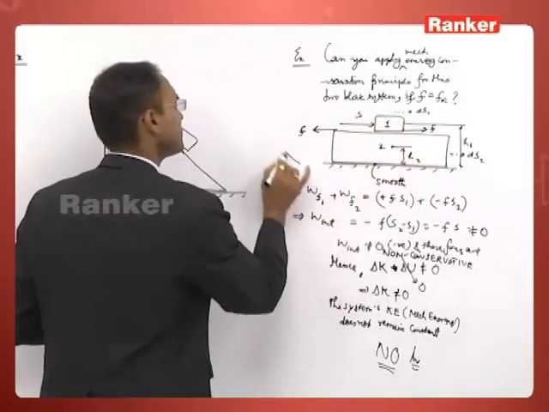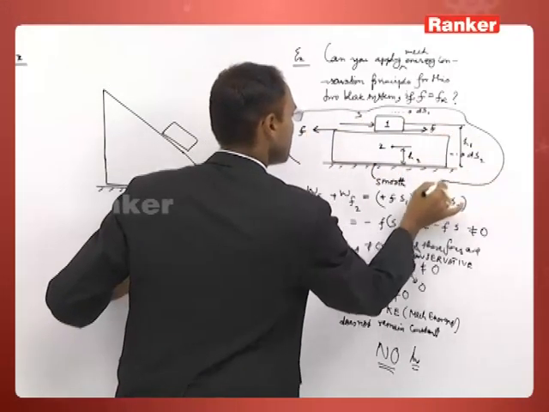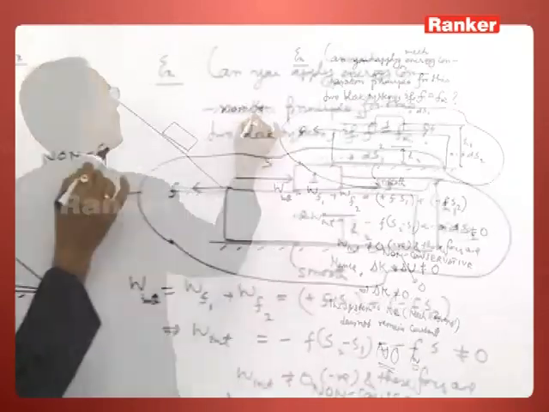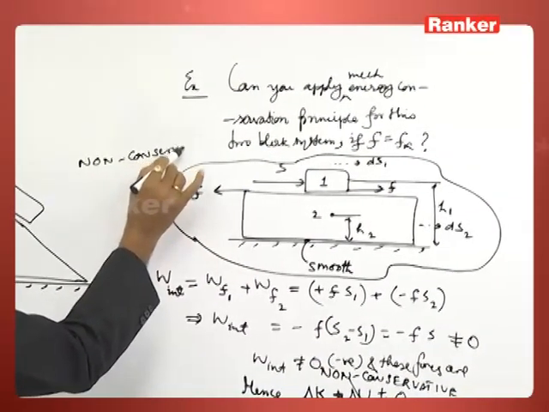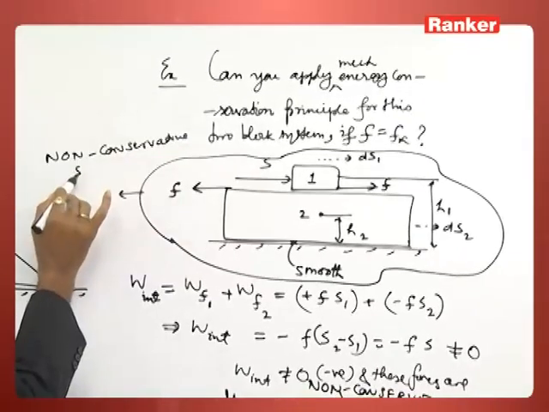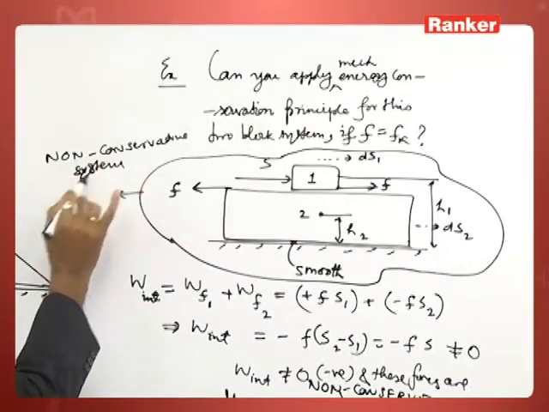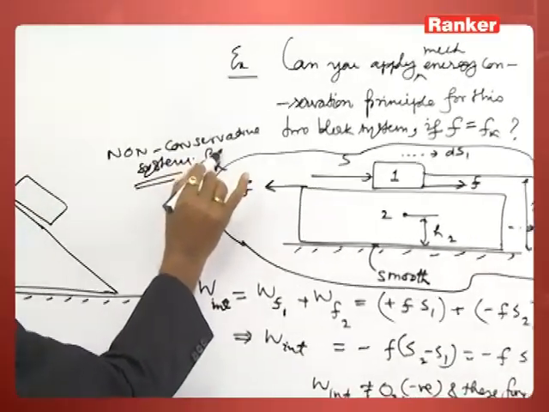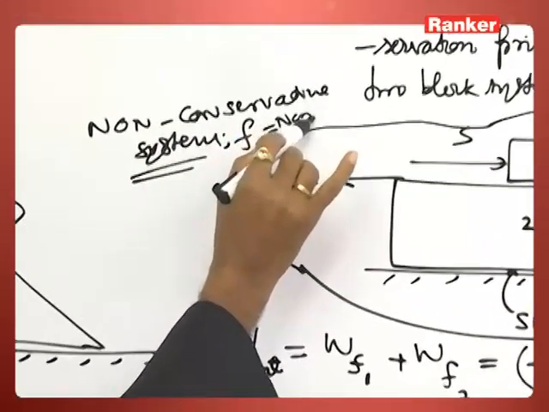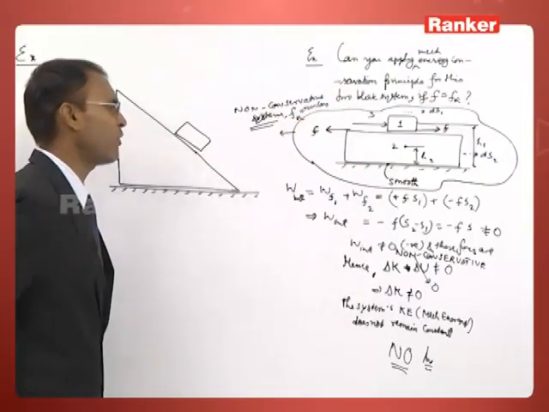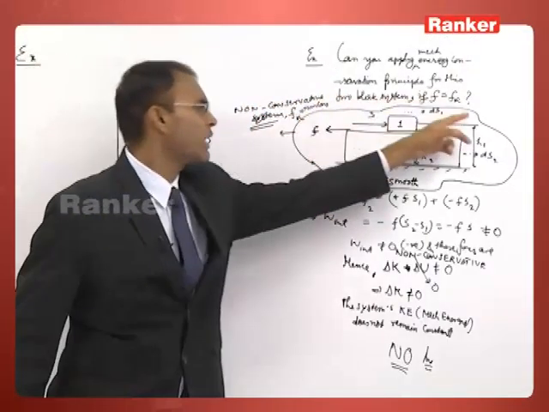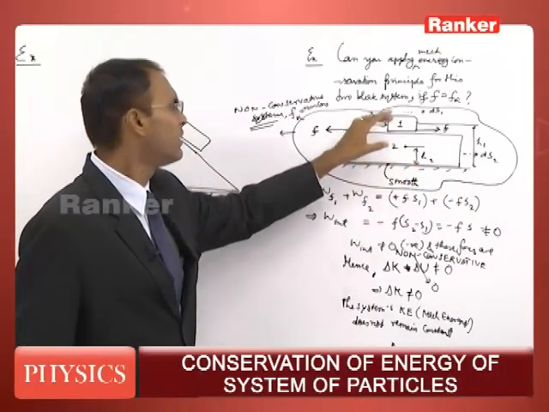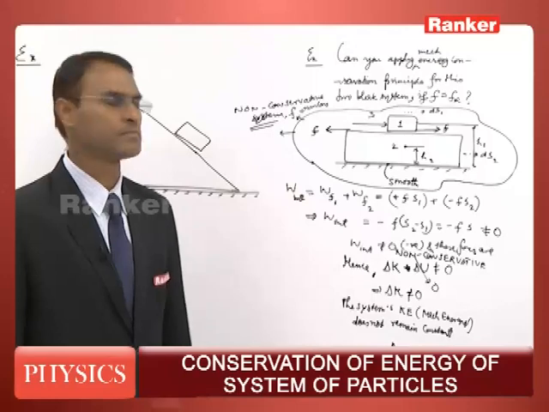So this system is not a conservative system, because the kinetic force of friction is a non-conservative force. Therefore, we cannot apply the principle of conservation of mechanical energy for this system.